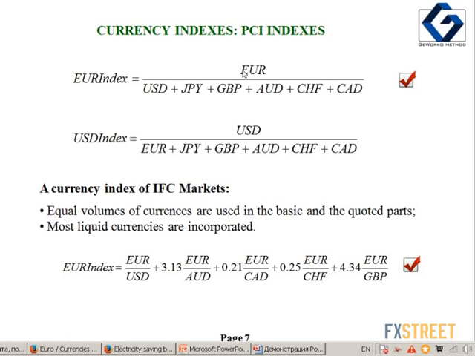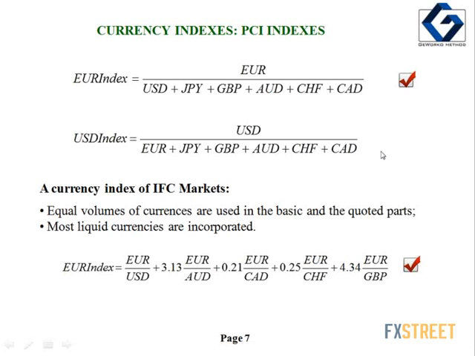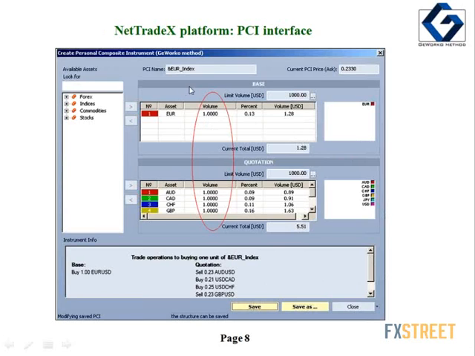So the basic part and the quoted part are just incorporated in NetTradex platform, and then you automatically generate the indexes, and you can compare them while you trade in EURi USD. The same can be applied to other currency pairs. The interface is just several clicks.